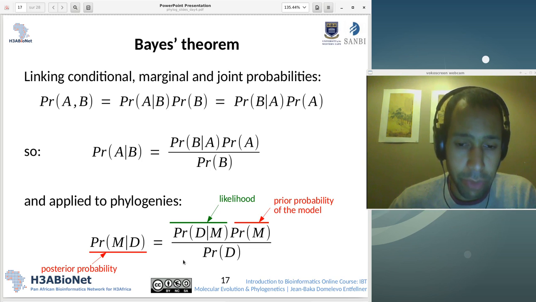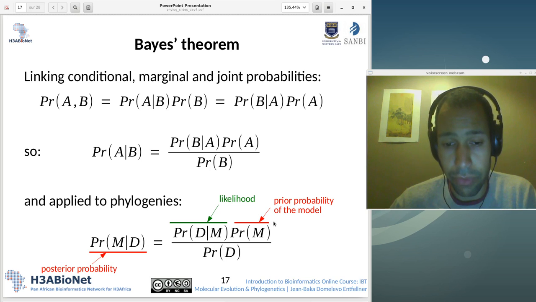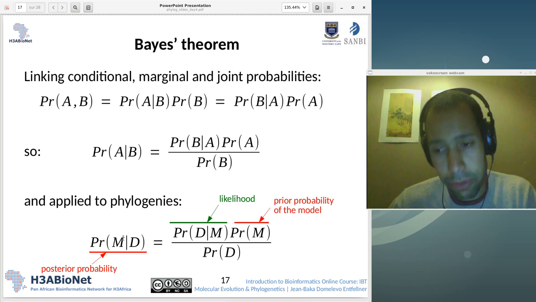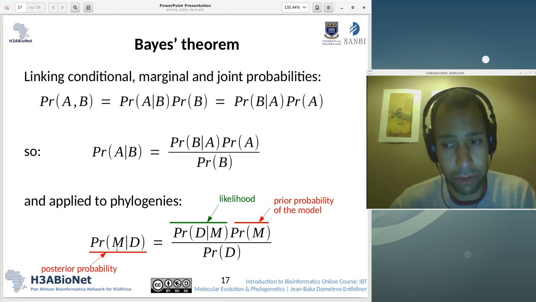And in red, we have new terms that are introduced by the Bayesian viewpoint. We have probability of M knowing D, or conditional on D. This is what is called the posterior probability of the model. That's the probability of M a posteriori, meaning after having seen the observations.